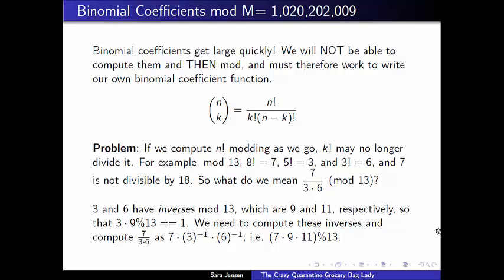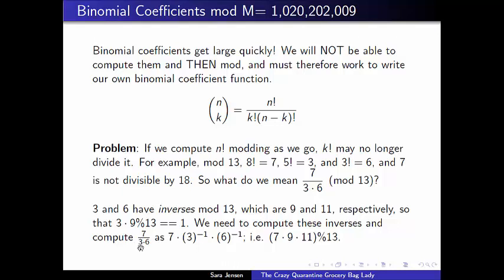So what we're going to need to do is work with our computer programs to compute inverses for things like the 3 and the 6, and not just use the insight provided in this video. We're going to need to write a computer program that can compute these inverses and then replace a division with a multiplication. Just like instead of dividing by 3, you might multiply by a third.